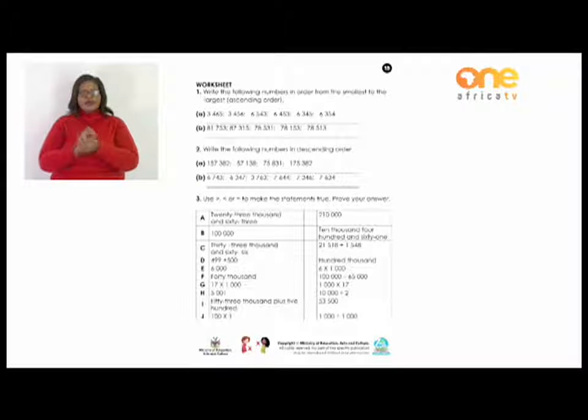I will just explain where there is a need for change and so on. The first one, number 1, you need to write these numbers in order from the smallest to the largest. And that is also called ascending order.